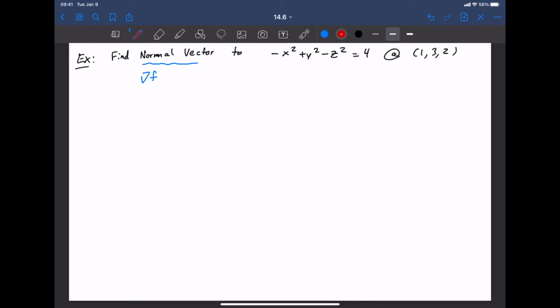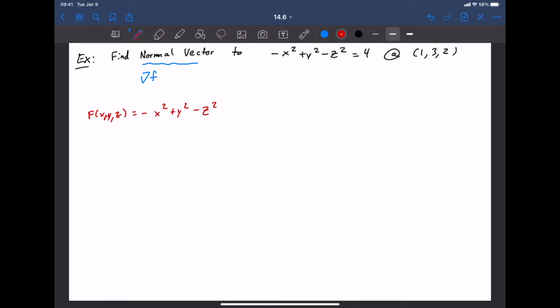Again, the same exact trick will apply. We're going to make F of x, y, z equal the non-constant part. Because now this cone is just a level surface of this capital F function.